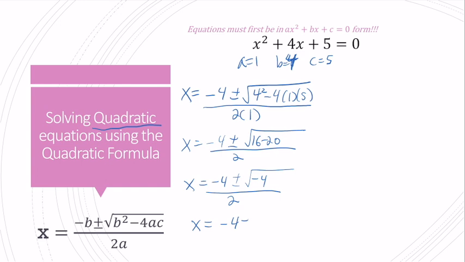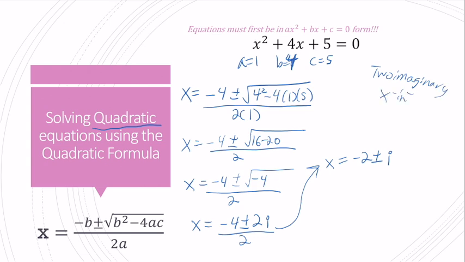But we've finished Module 7, so we know how to work with those. X equals negative 2 plus or minus i. So I have two imaginary x-intercepts. Well, what does that mean? Give me like 2 more slides and I will show you.